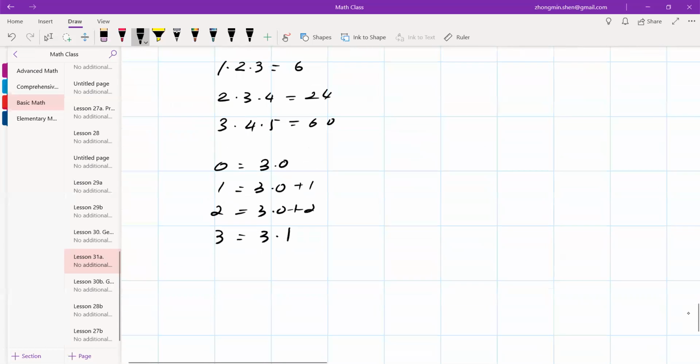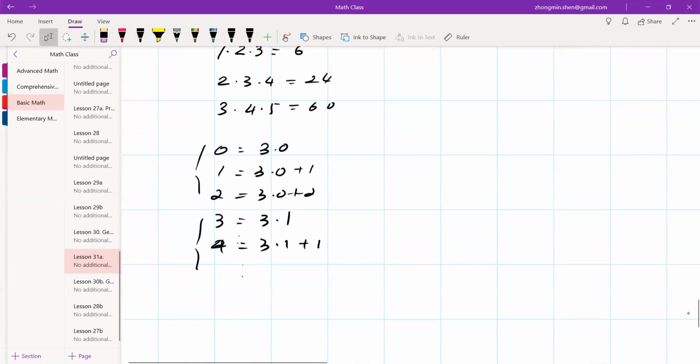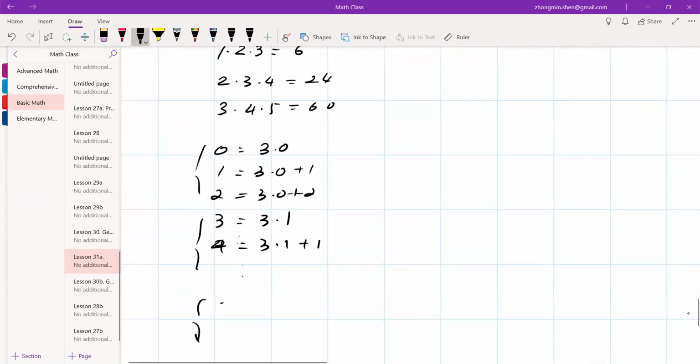So in general, 4 is going to be 3 times 1 plus 1. So you can have a group of 3 consecutive integers, and the general one is going to be 3k, then 3k plus 1, 3k plus 2.